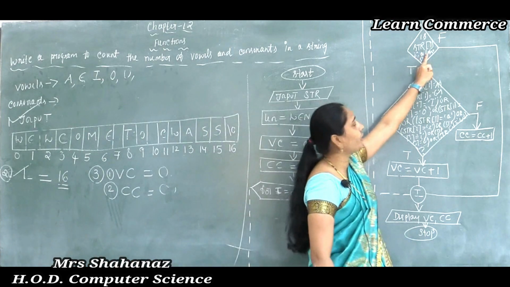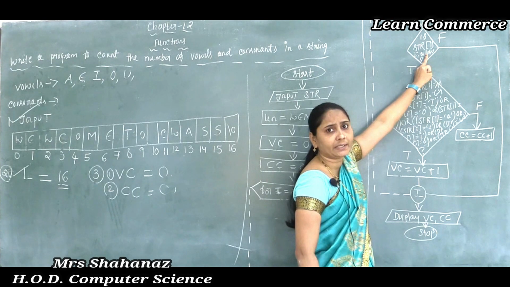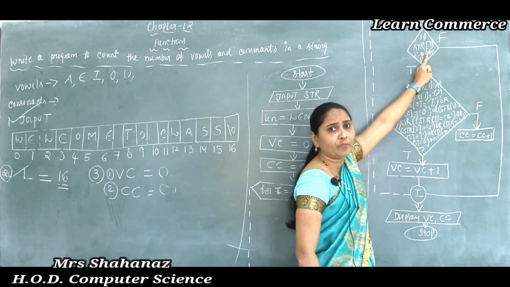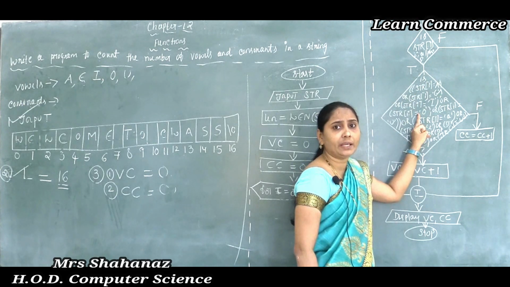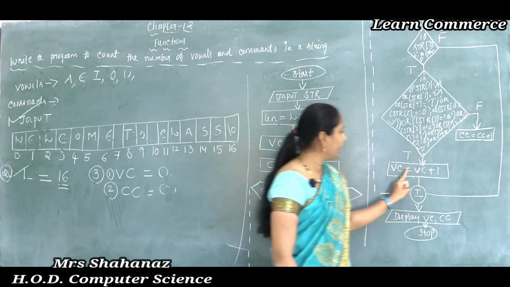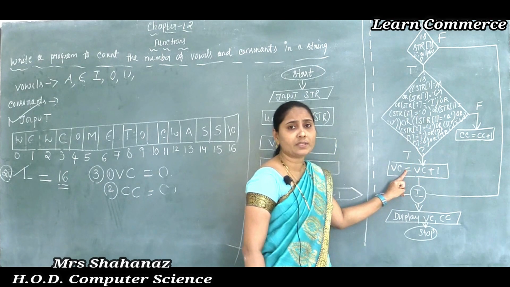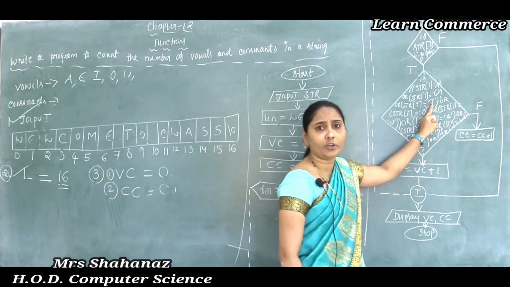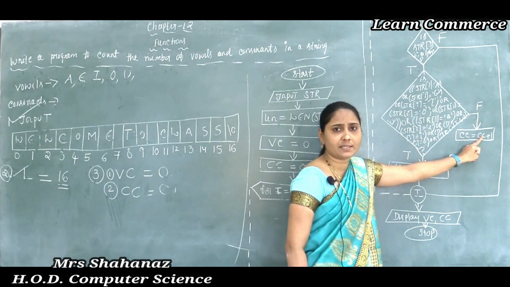First of all it is going to check whether the character being accessed is an alphabet. If it is true, which type of alphabet? Whether it is equal to A, E, I, O, U? Yes, if it is equal to A, E, I, O, U, then VC is equal to VC plus 1, that is called VC plus plus. If the character is not equal to A, E, I, O, U, then CC plus plus. Clear this one?